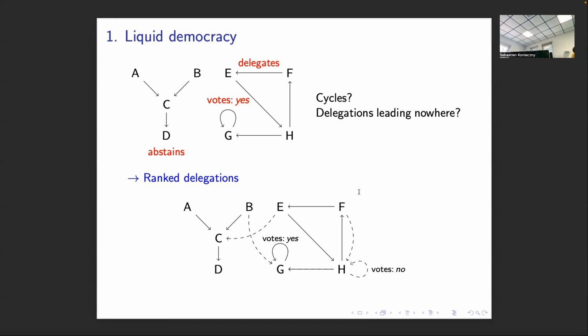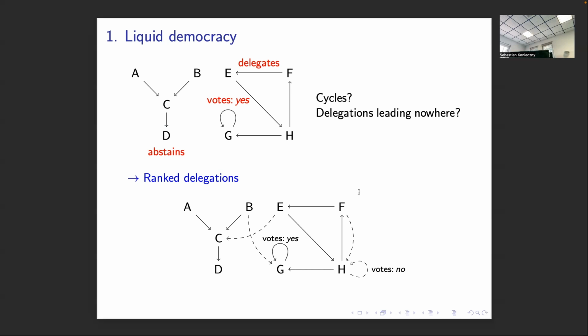There are several papers that deal with that issue. A possibility is to allow ranked delegations. So you can delegate to several people with a ranking. So maybe here, B would delegate first to C and second to G. These dashed arrows mean second rank delegations. This is the same as here, but with first and second choices for some of the voters.